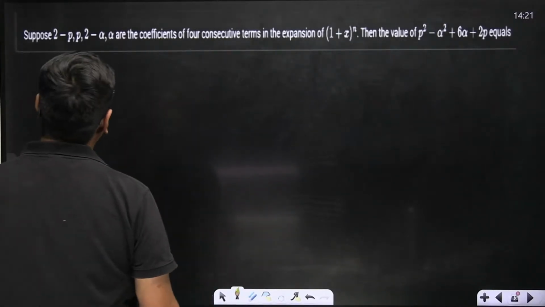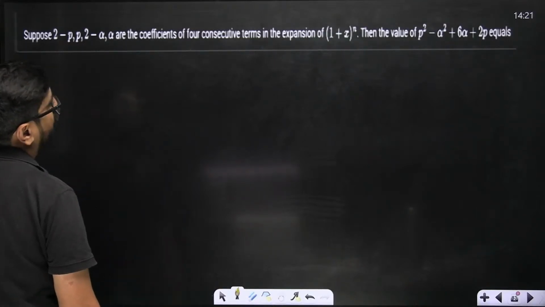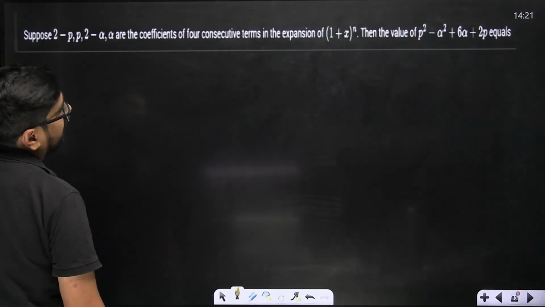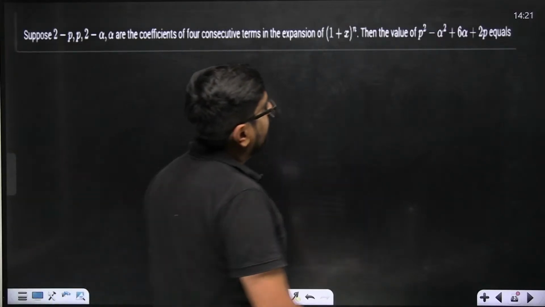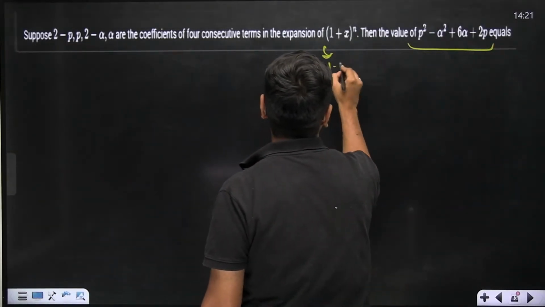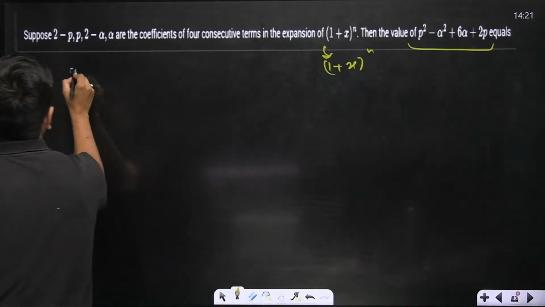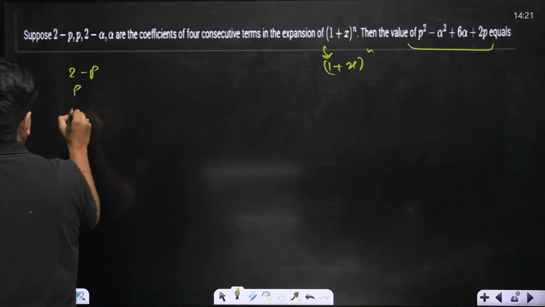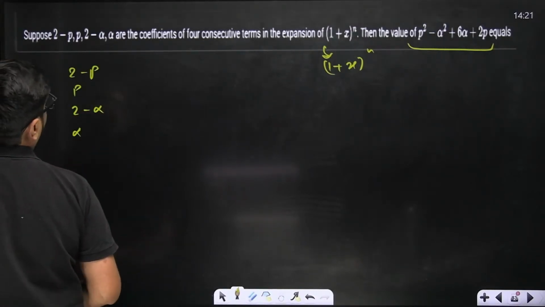Next question is, suppose 2 minus p, p, 2 minus alpha and alpha are the coefficients of 4 consecutive terms in the expansion of 1 plus x to the power n, then give the value. Here 2 minus p, p, 2 minus alpha and alpha are the 4 consecutive terms.